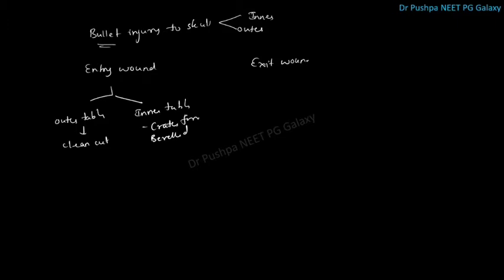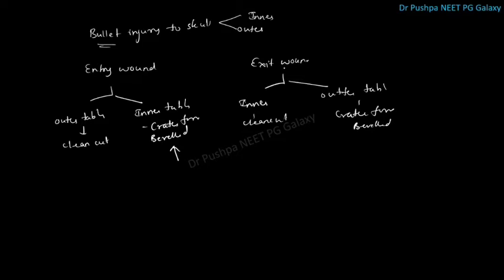In exit wound, the inner table will be clean cut, whereas the outer table will have crater formation or bevelling. So in bullet injury to skull, there will be crater formation in the inner table in entry wound and the outer table in exit wound.